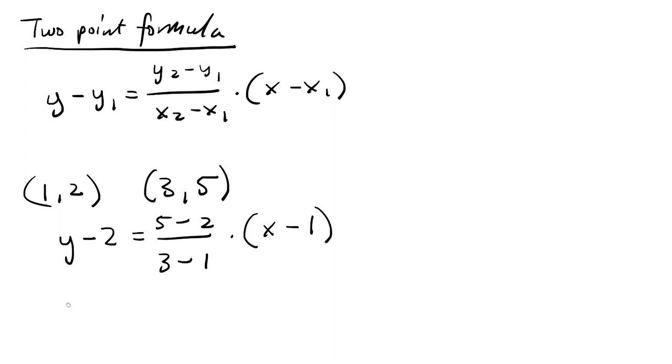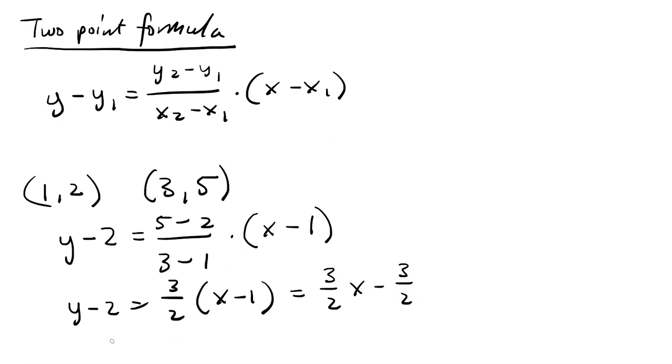Now I only have to simplify this. 5 minus 2 is 3 divided by 2. And if I multiply in here, and then move over this 2 to the other side, minus 3 halves plus 2, that's plus 1 half. So then I get the straight line like this. So this is the 2-point formula.